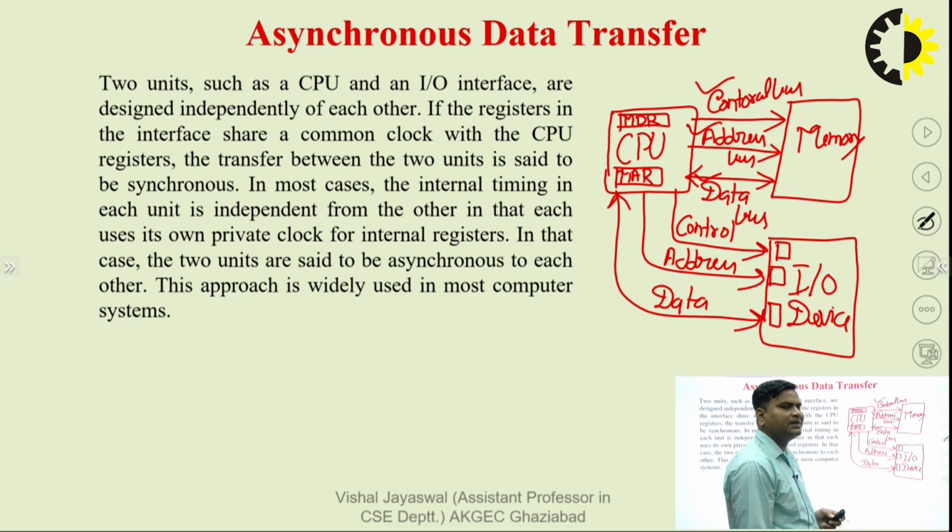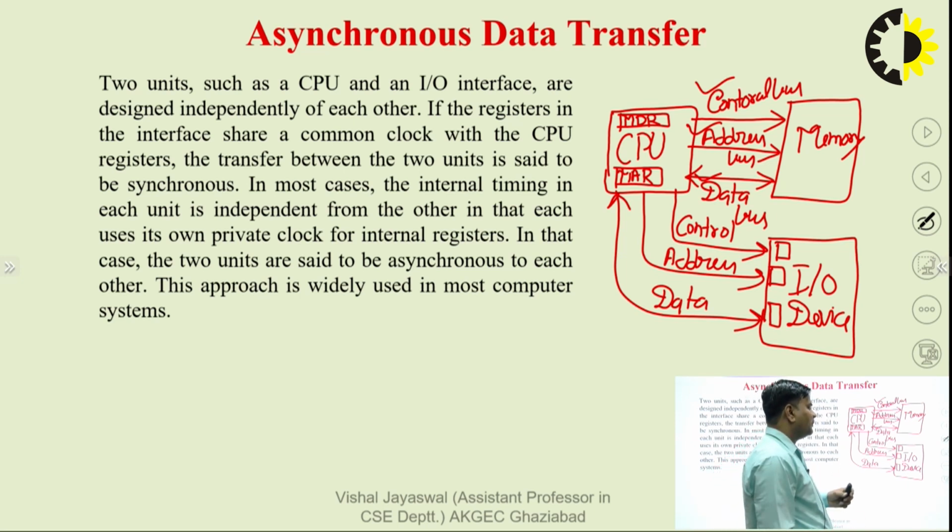We can see this in the example of a printer. If we give the print command and after that we close the file, we can see that the printer still takes the printout of the whole document, because from the print command the whole data has gone into the registers of the I/O devices.